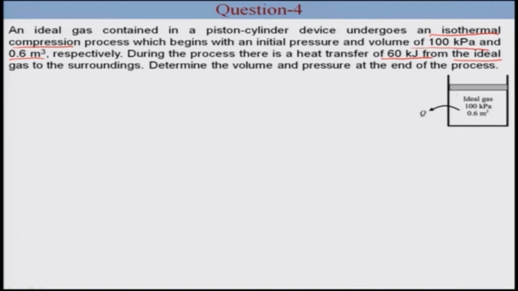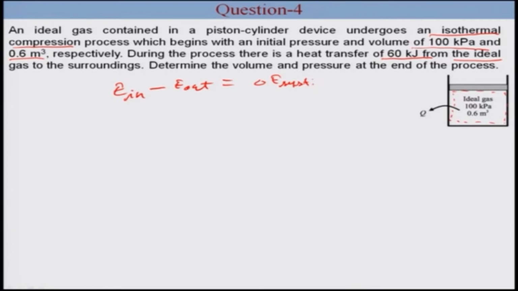So here is the air compressed in this piston cylinder device. This is the boundary of our system. Since this is a closed system, because there is no mass crossing the boundary of the system, the energy balance will be total energy in minus total energy out equal to change in total energy of the system.